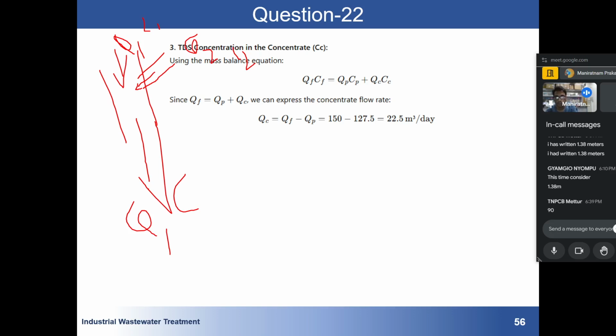There will be a mass balance: whatever is coming in is going out. So Q1 into C1 plus Q2 into C2 is mass in, and Q into C is mass out.